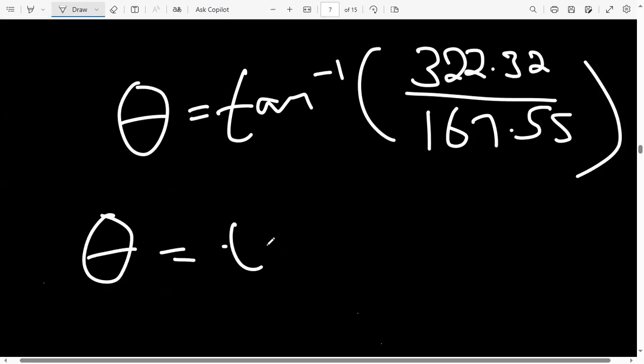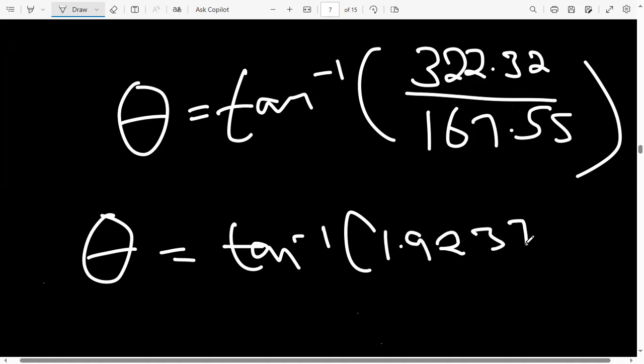Tan inverse of, let's punch this, 322.32 divided by 167.55. I'm getting 1.923742.